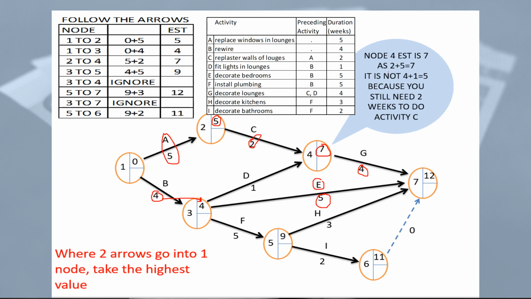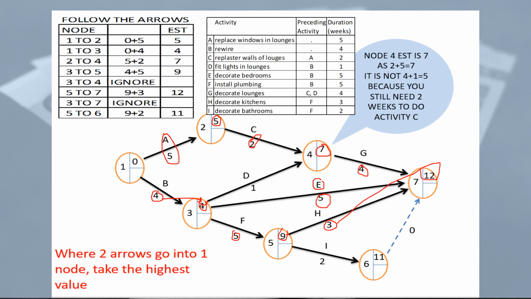But if we take F, and F is installing the plumbing, which is 5 weeks, so 5 plus the 4 here gives us 9. And then if we look at H, decorate the kitchens, which is 3 weeks, so 9 plus 3 equals 12.